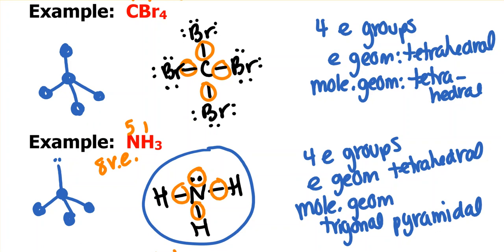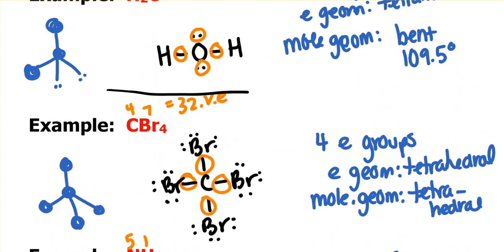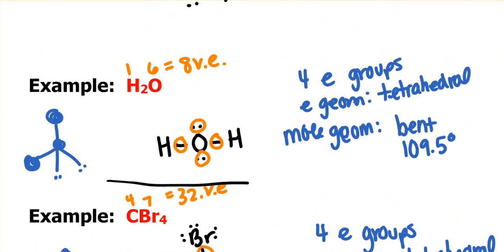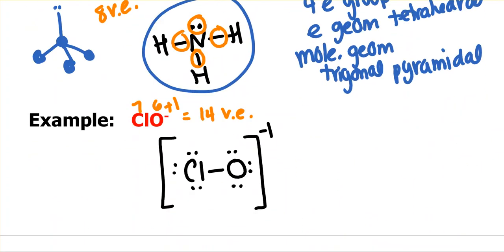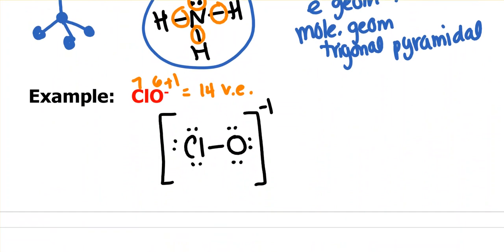Just know that when you draw it, see, like this water, I originally drew that like it was linear, and this molecule is not linear, it's bent. So your Lewis dot structure by itself, you can't just look at it and know the shape. Sometimes when we know the shape, we do draw it in the shape, but anyway.